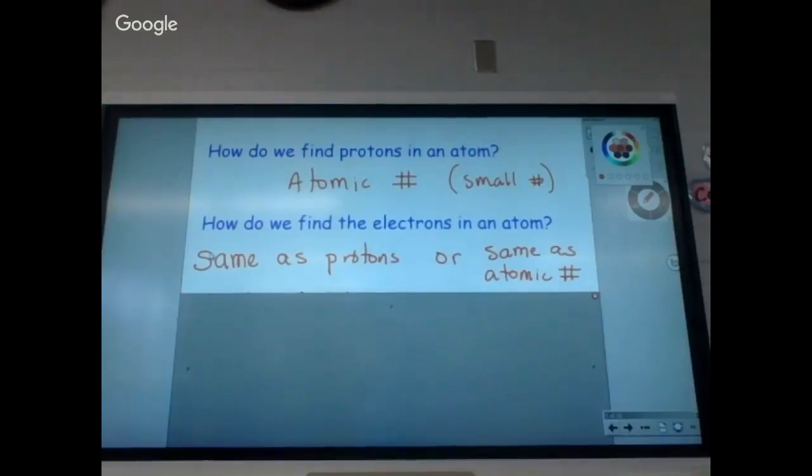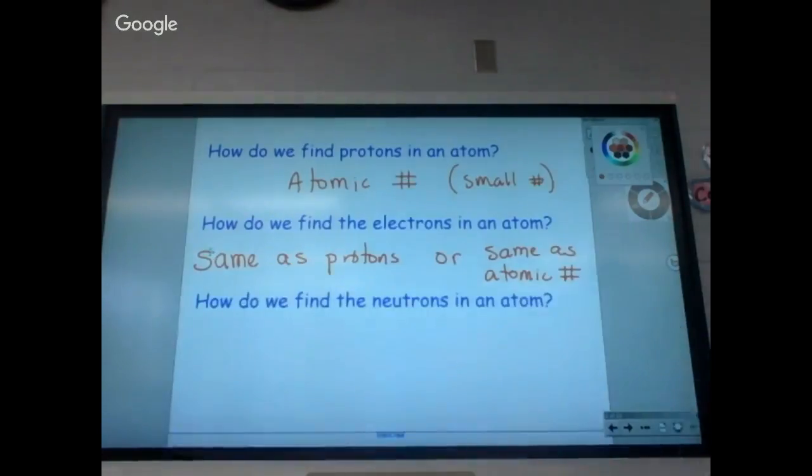Now, the last one we've not talked about. We've got to find the number of neutrons. And that's why I said to Alizé to hold that thought, because she had said subtract a minute ago also. This is usually the one that people remember from middle school.